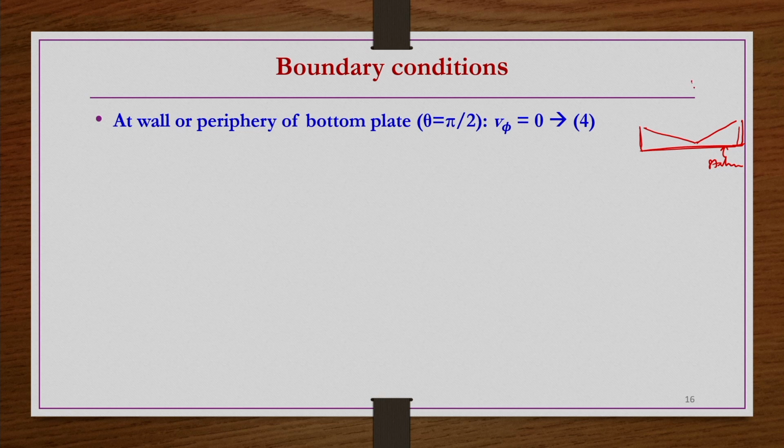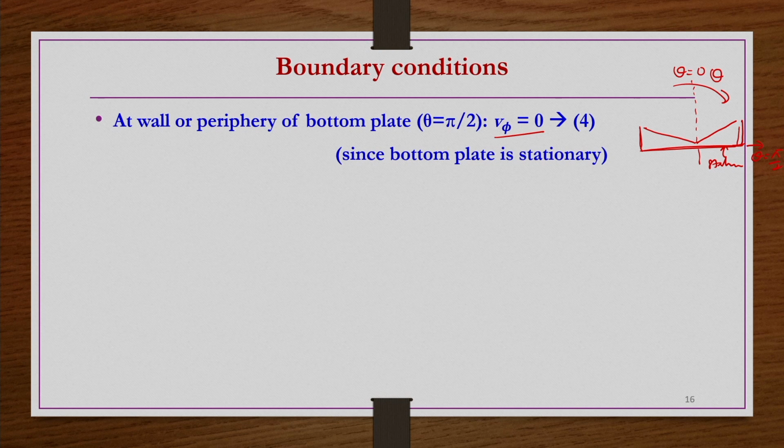How are we measuring theta? Theta we are measuring from the top. Theta equal to 0 is this one, and this line is theta equal to pi by 2. So at theta equal to pi by 2, V phi is equal to 0, because the bottom plate is stationary.